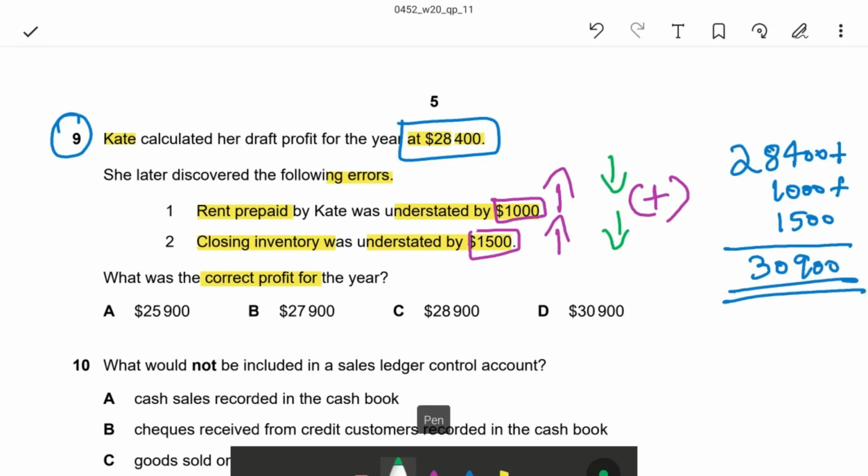So the correct profit will be 30,900. Prepaid and closing inventory understated means cost is overstated, and overstated cost means profit is understated before correcting these errors. So when correcting, we add both amounts, which increases the profit to 30,900. The correct answer is D.